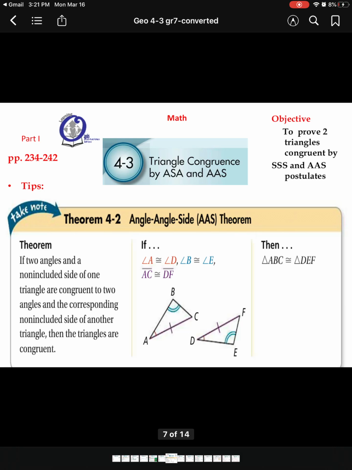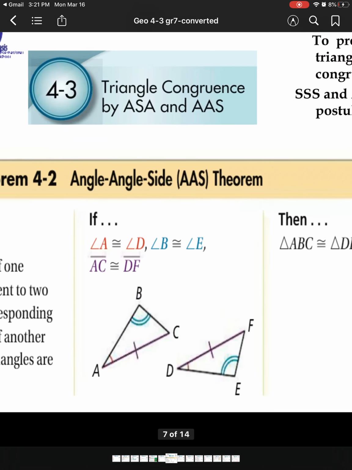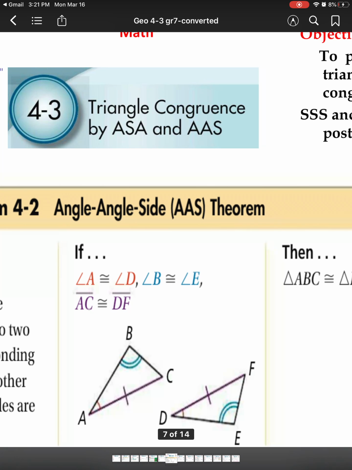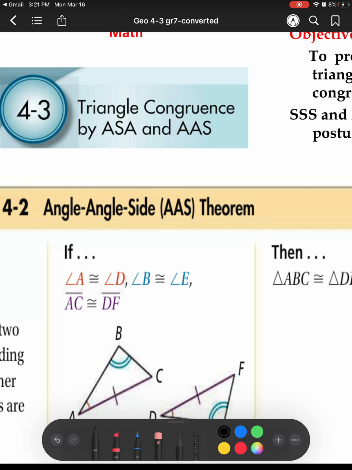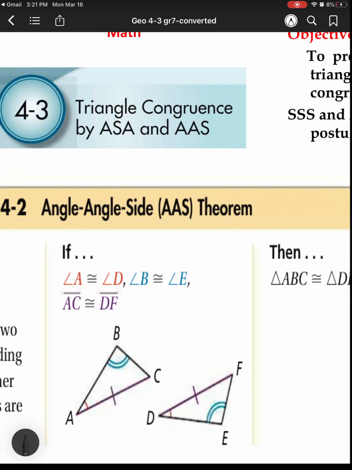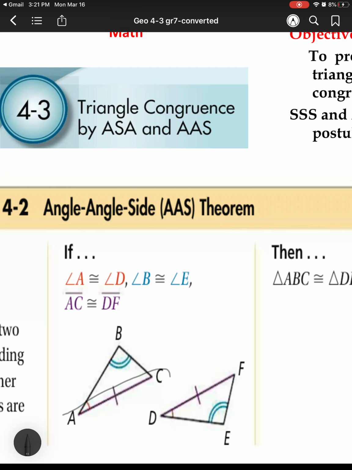AAS means that the side is not included between the angles. I should have two angles, and on one side of any of them, I should have this side. Let's look here. I am given that AC is congruent to DF.